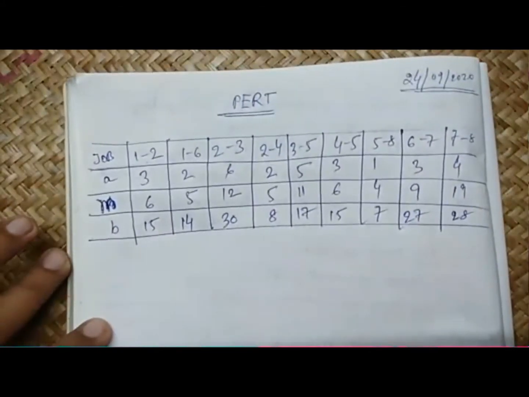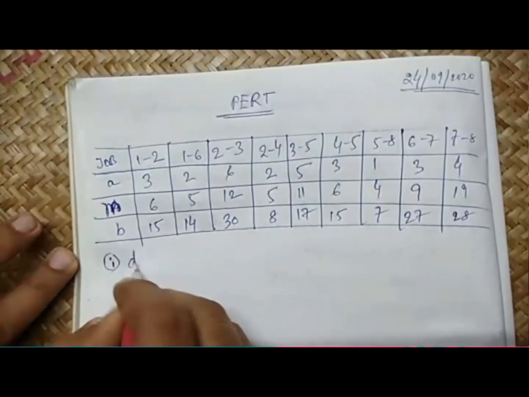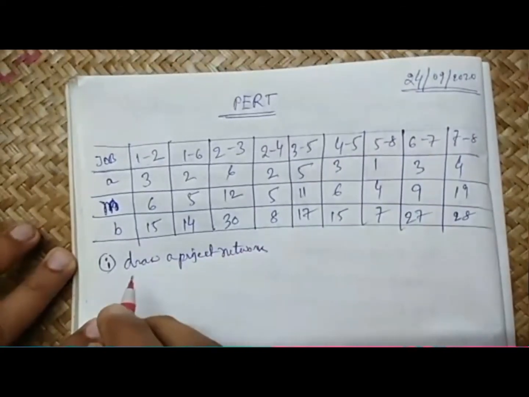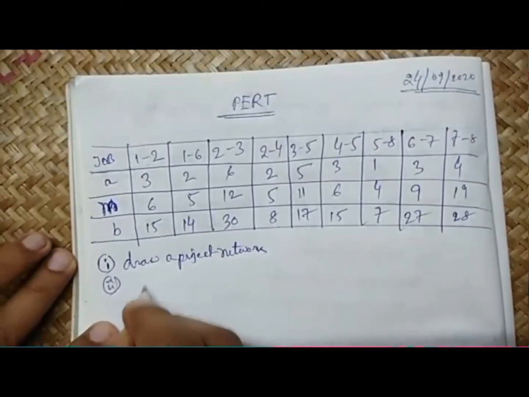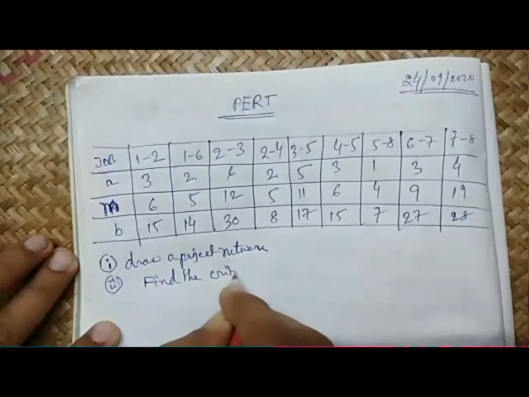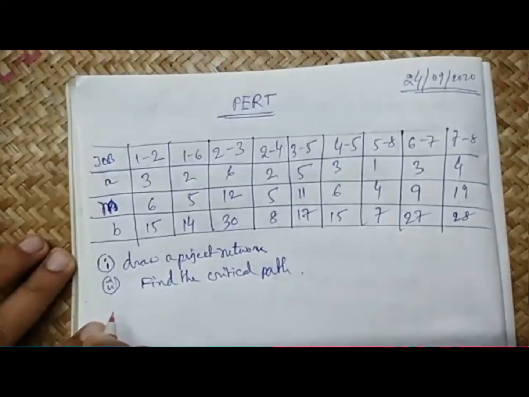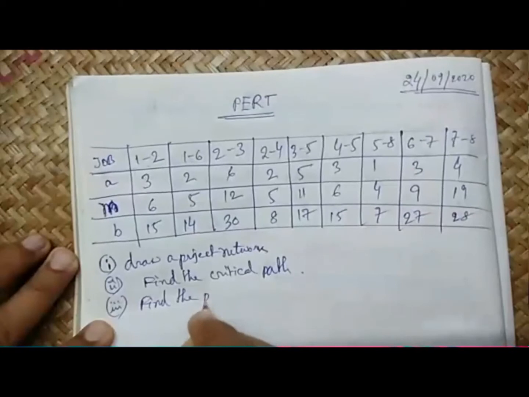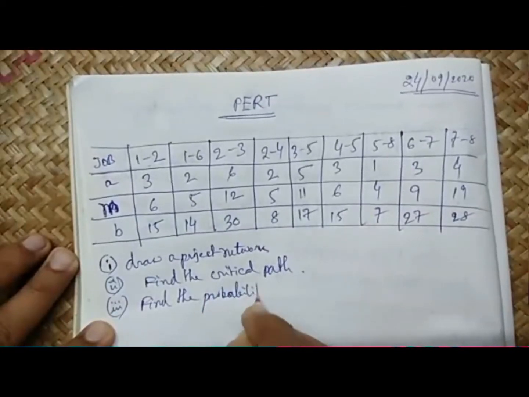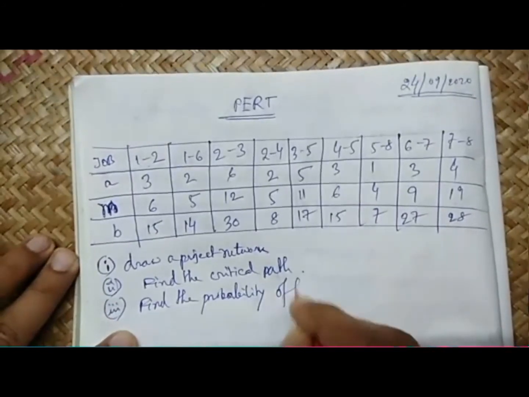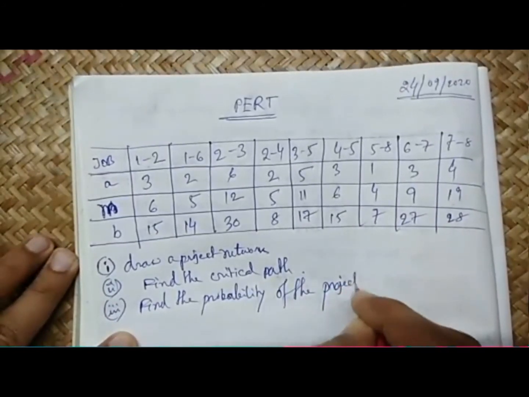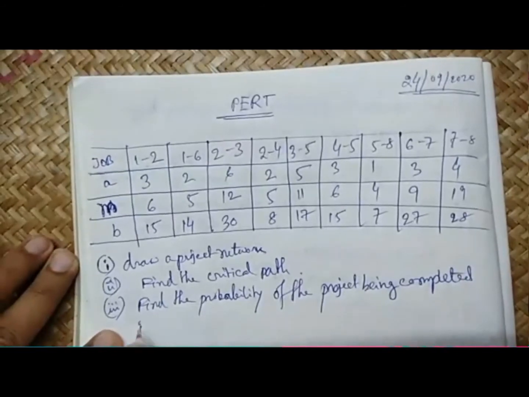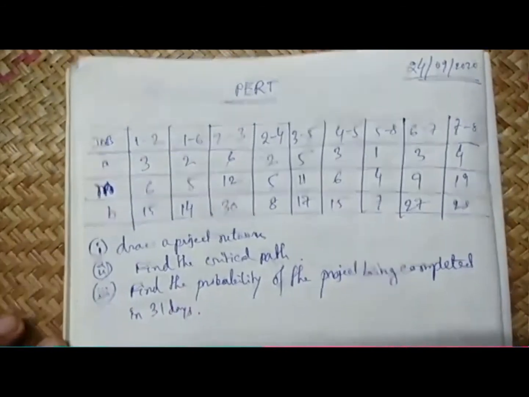Now our job is to draw a project network, find the critical path, and find the probability of the project being completed in 31 days. That is our problem.